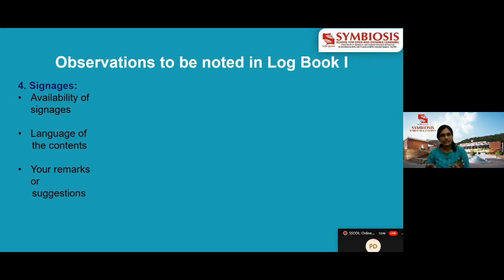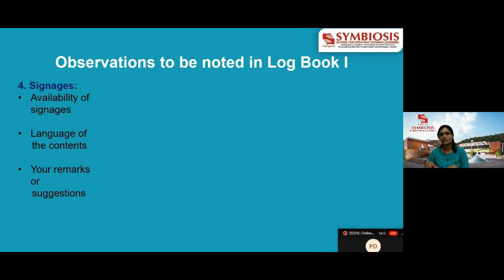Regarding availability of signages, there are many types: directorial signages, floor directories, and emergency related signages. All these points you have to observe and note down. If they are not in place, then you can add it in your remark and suggest how you can make it better. Also note the language of the content. It is advisable that signages should be bilingual, in English as well as in the local language.